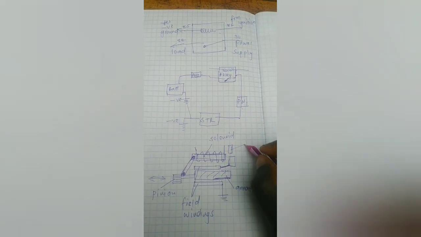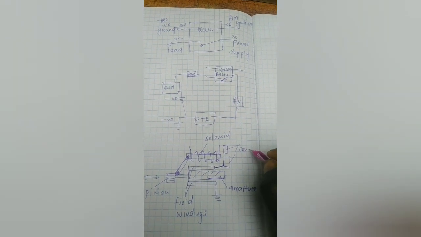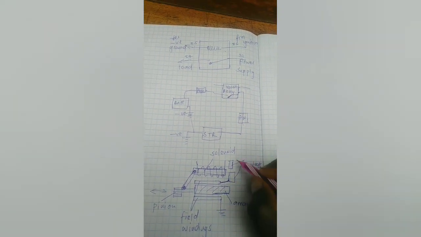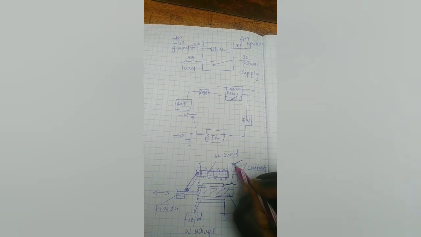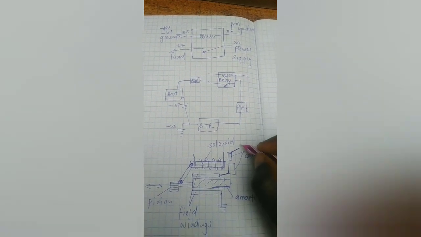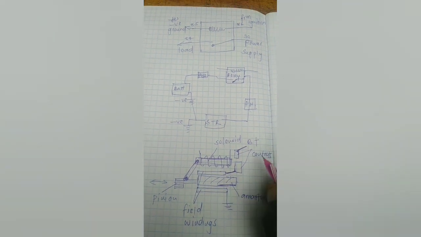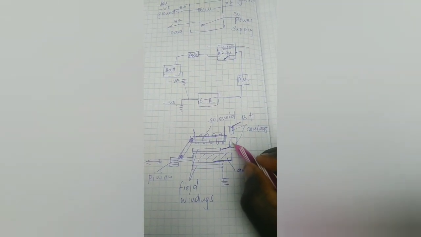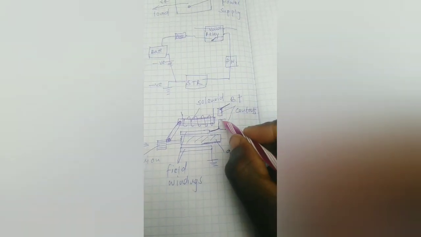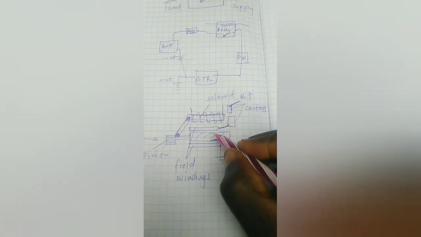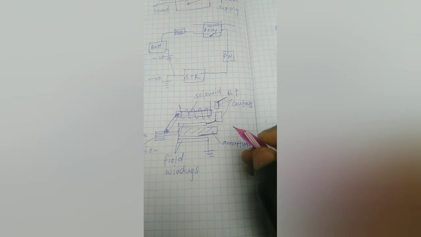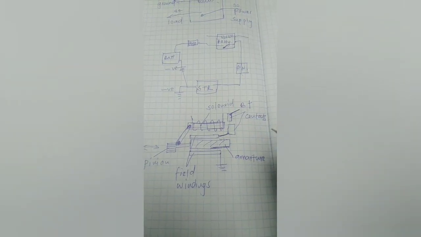So these are contacts, and this is the current from the battery. It closes the contacts. When the contacts are closed, your current can flow into your windings, then out.